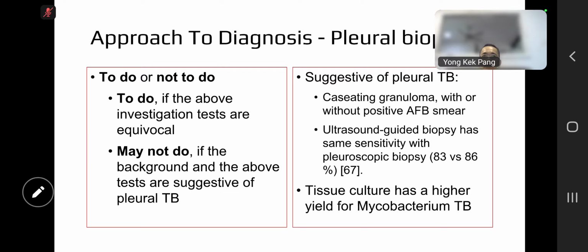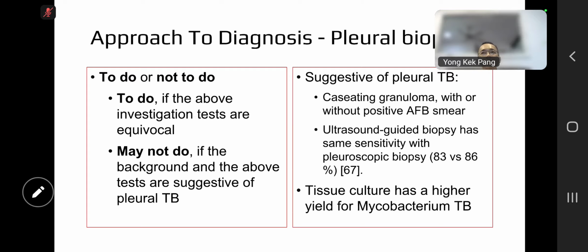Okay, so to do or not to do, if you are not very sure about the underlying diagnosis, I think you may consider doing pleural biopsy. You may not need to do it if, from the background, the pleurocentesis, the patient has close contact with TB, and Mantoux is positive, then I think you can actually assume that this is secondary to pleural TB.